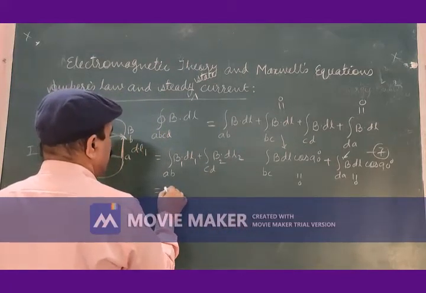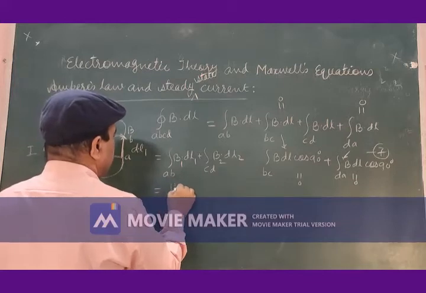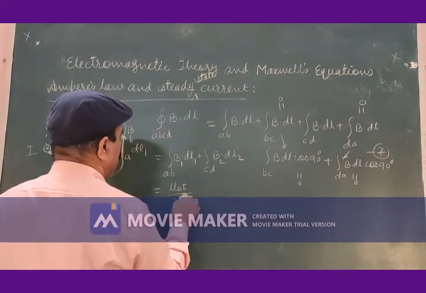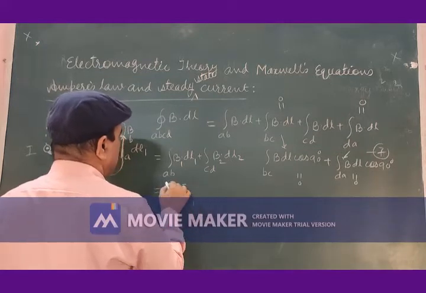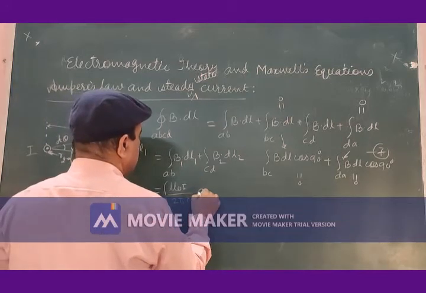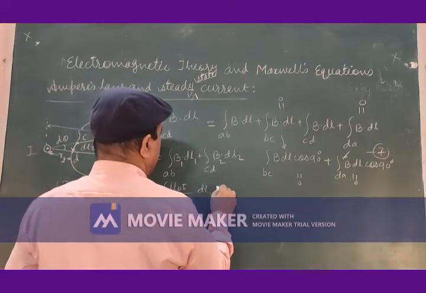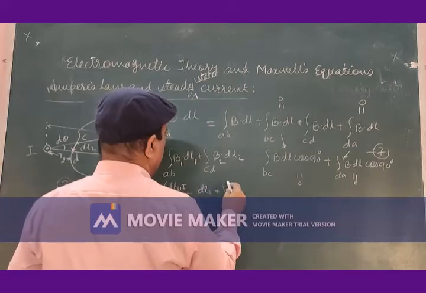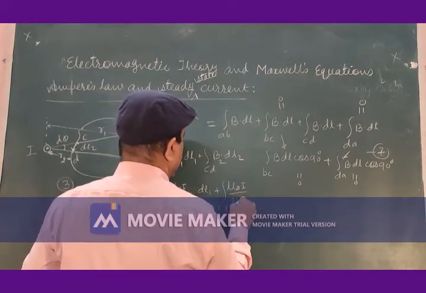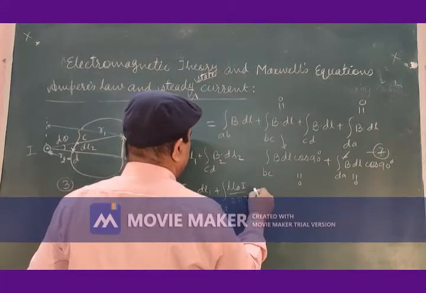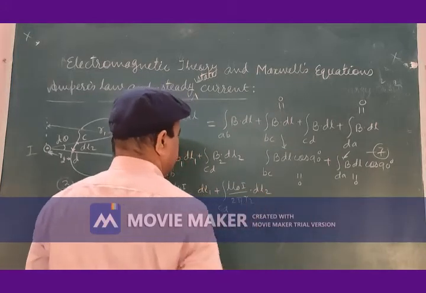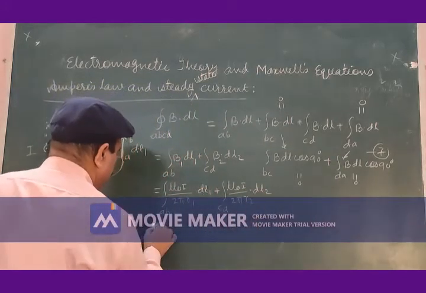B1 may be written as mu 0 I divided by 2 pi r1 dot dl1 plus B2 may be taken as mu 0 I divided by 2 pi R2 into dl2.